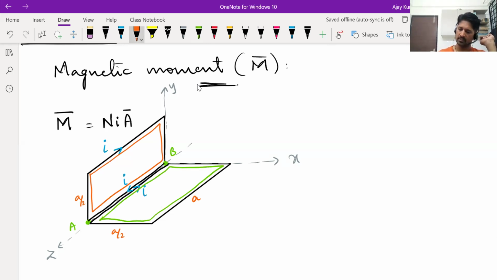Okay. Now for the orange one, you all do this. You know how the current is flowing. Curl your right hand fingers, or imagine curling your right hand fingers, along the flow of current in the orange loop. Which way does the thumb point? Isha, can you tell the direction of the thumb?